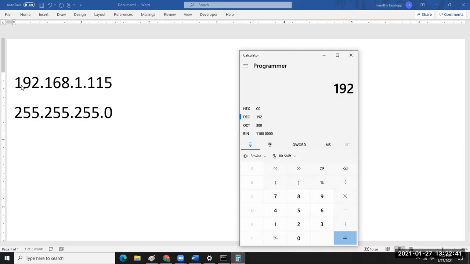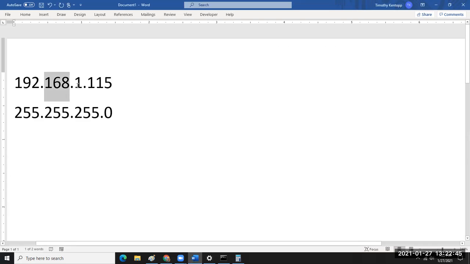That's right, there are 32 ones and zeros. And the 1 in the third octet is represented as 00000001.